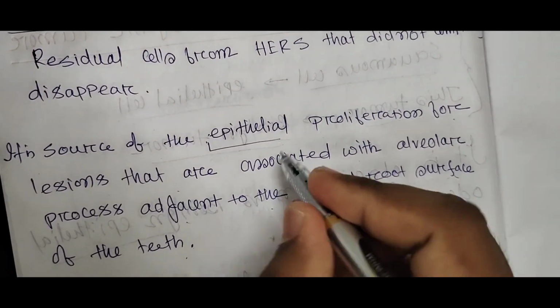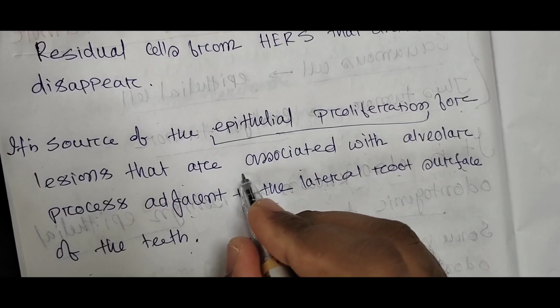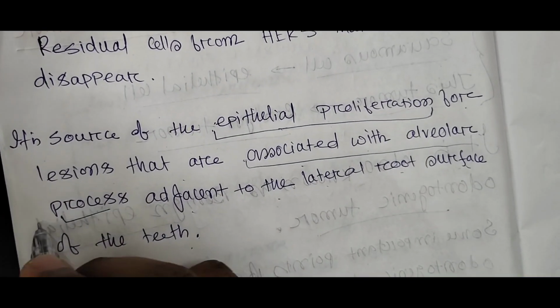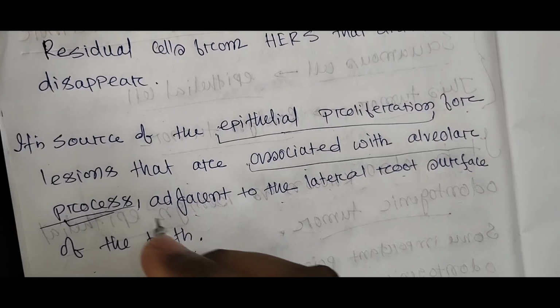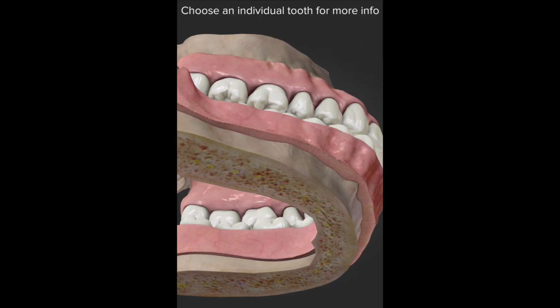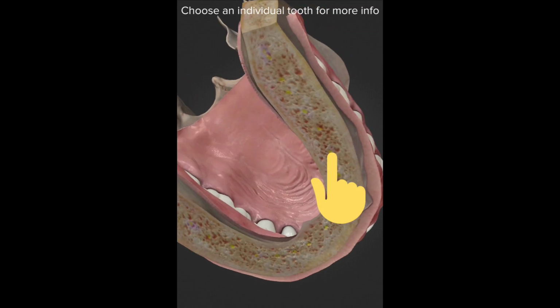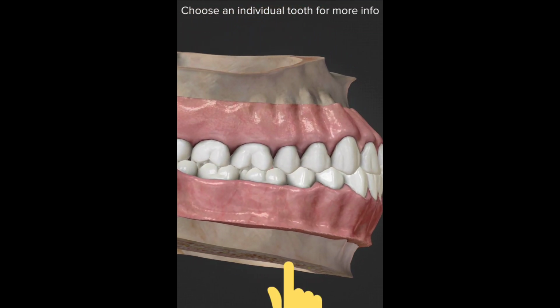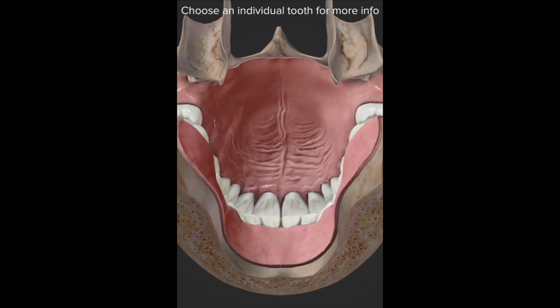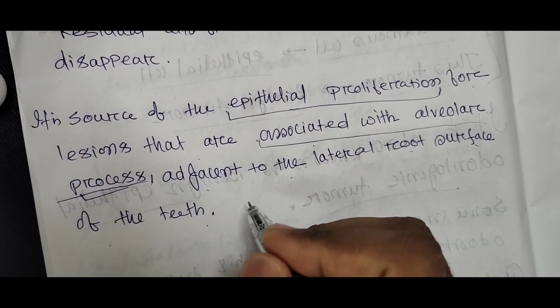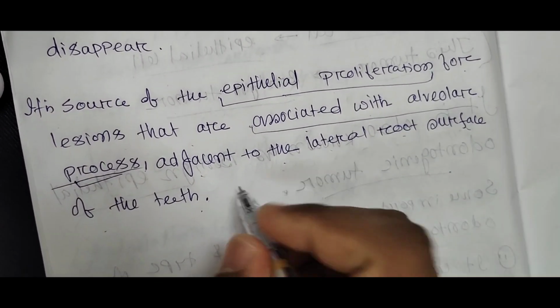Next, this point: associated with the alveolar process. What is the alveolar process? The alveolar process is a ridge, which contains sockets for the teeth. Next point: which alveolar process is associated?